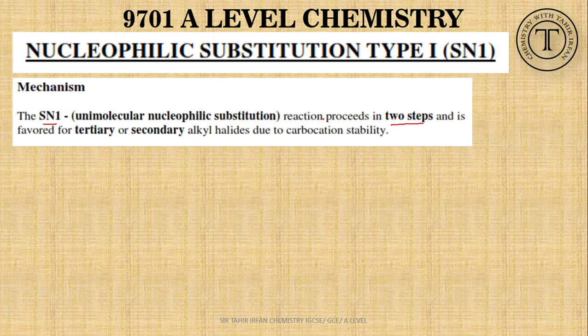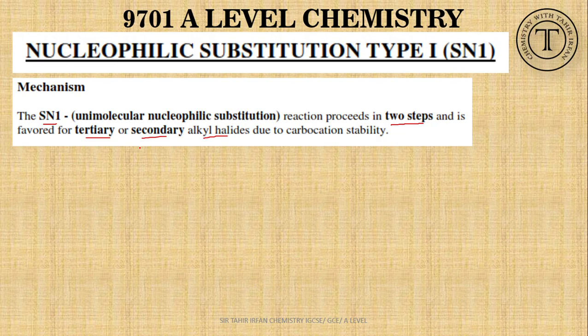Basically, we call it SN1 because the rate of reaction depends only upon the alkyl halide. Because as I told you, the first step was the rate determining step. As the rate depends upon only alkyl halide, only one reactant, so we call it SN1, and it is favored for tertiary or secondary alkyl halide.